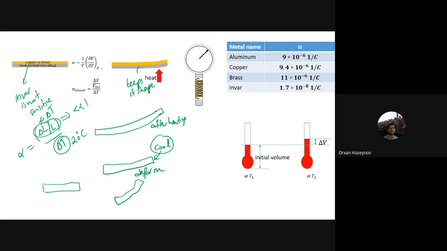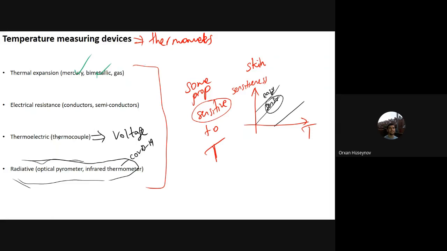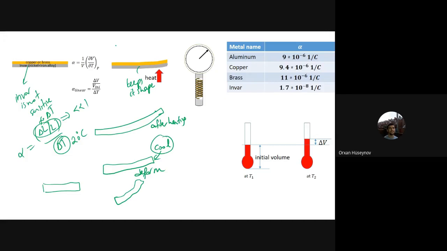Therefore, it is very important to have another material like this one to prevent the deformation. This combination is also called the bimetallic, because there are two metals here. And you can see this combination in a kettle. If you have a kettle at your home, after some degrees, the kettle stops.